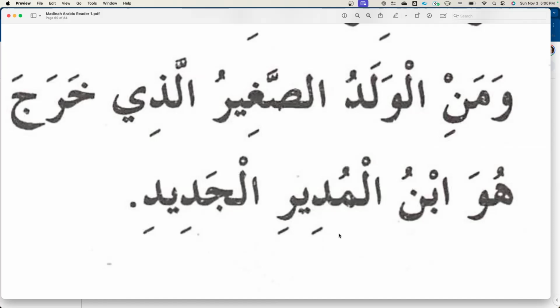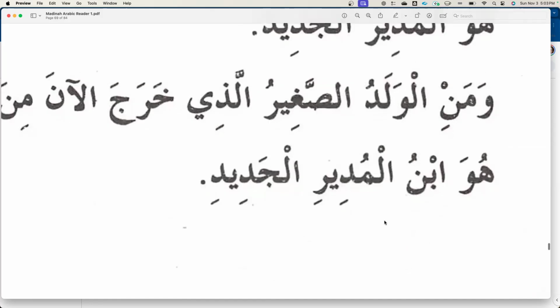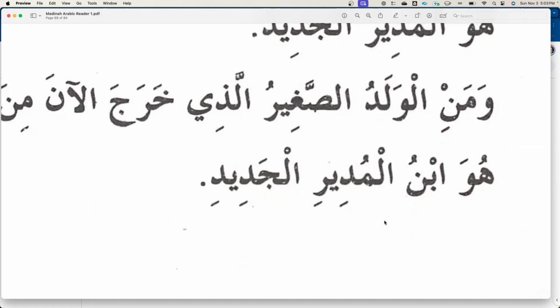Huwa ibn al-mudiri. He is the son of. It's the of construct of ibn al-mudiri. So anytime there's an of construct, the noun becomes majroor. He's the son of the principal. Ibnul Mudiri.